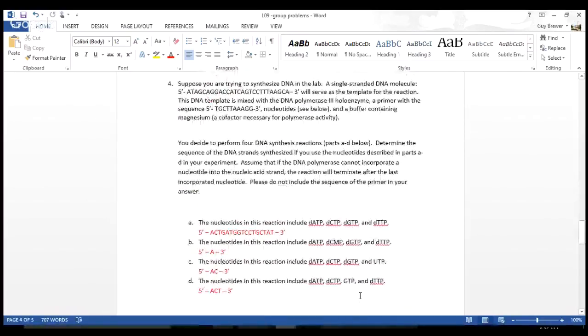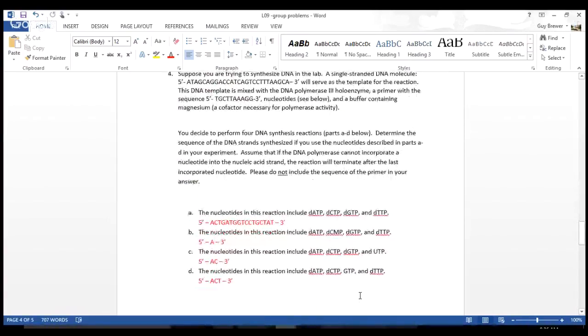All right. For number 4, we had to take that DNA strand and take off the primer part of it. And so after you do that, for part A, you have these dNTPs that are here, and all of them are good. So you'll be able to just replicate the entire strand.